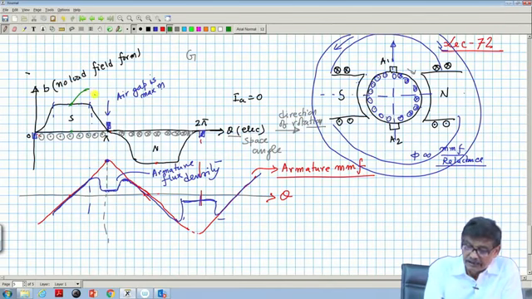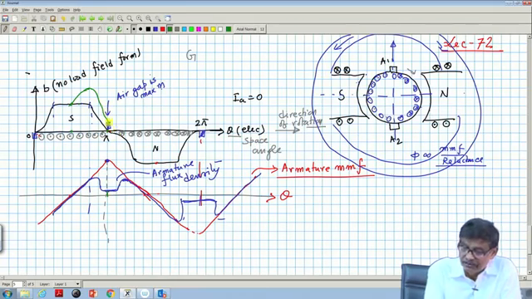Then after some time you go up to this point, then after some time this plus this, this plus this you do, and here it is 0, but here it is some finite value. So, this armature MMF resultant field will be somewhat like this.